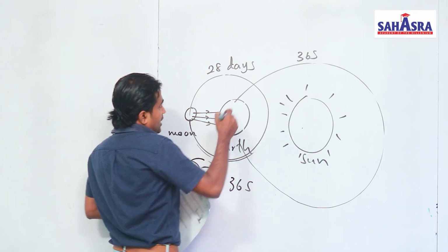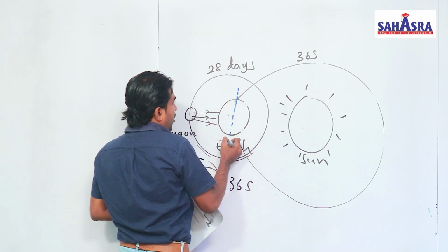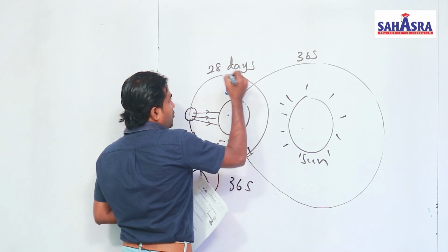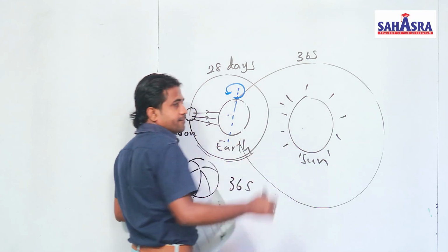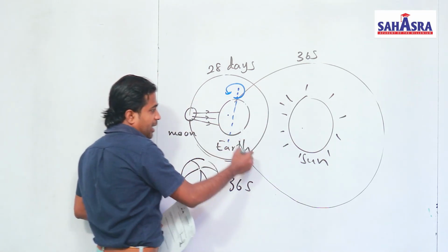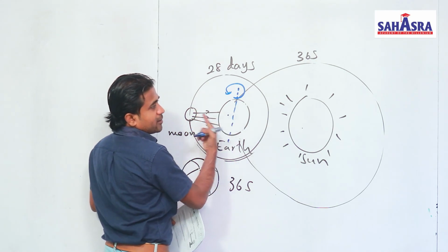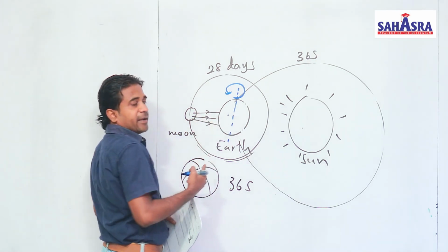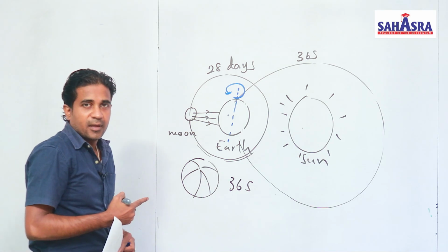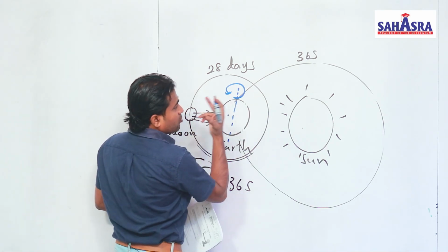Actually, the earth is revolving around itself while it is orbiting the sun. We call that motion revolving.